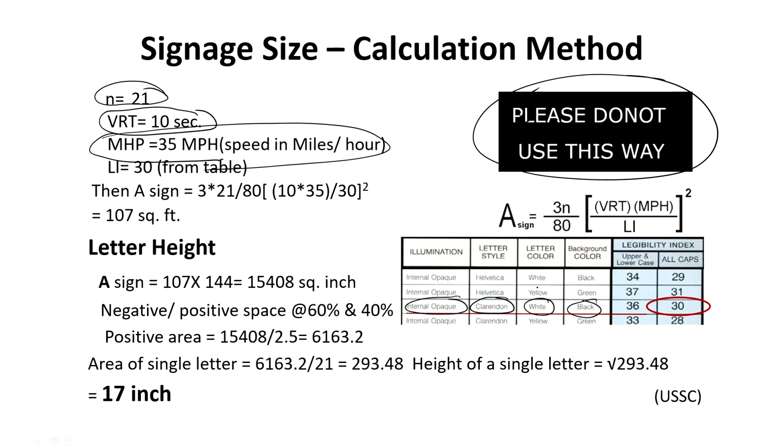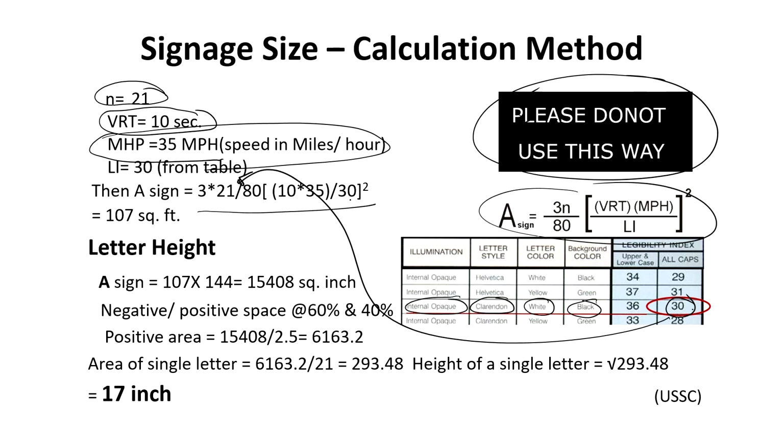In that case, from the table we can find that since the letters are all caps, the legibility index value is 30. The same I am using here. Then let us now calculate by putting all the data in this formula.